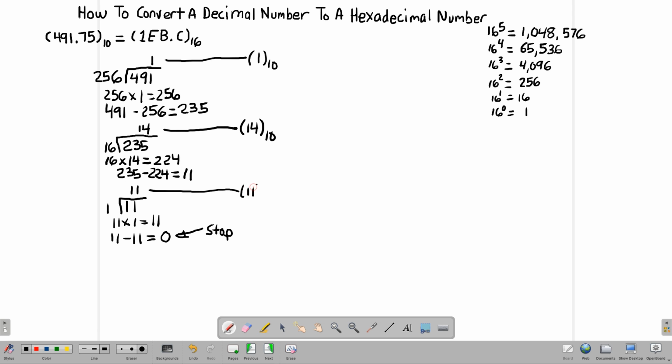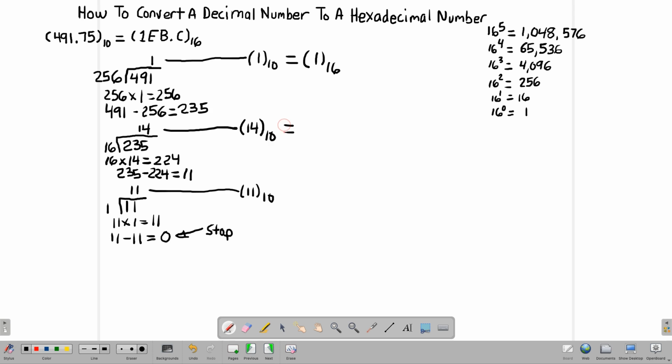Okay, so next what we could do at this point is go ahead and convert these to hexadecimal. So 1 in decimal, its representation in hexadecimal is 1.